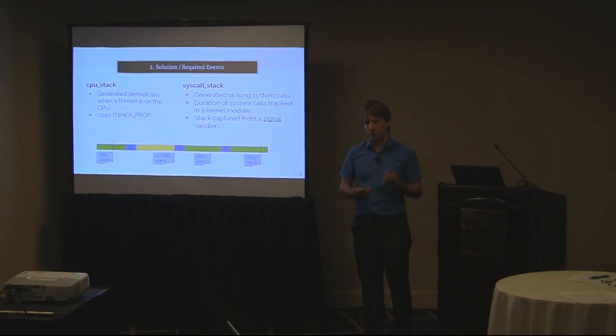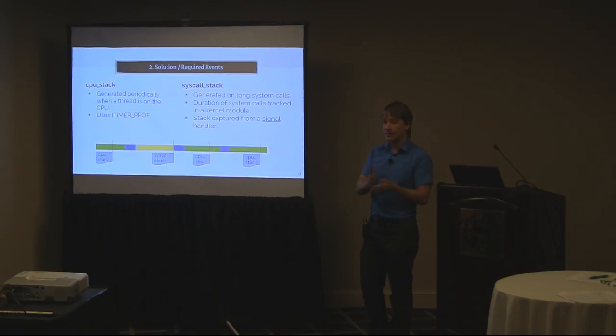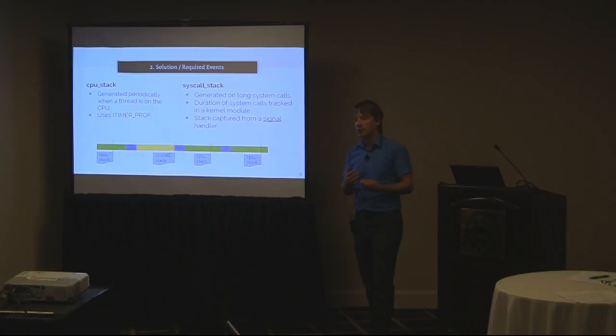Sampling the stack of threads running on the CPU is not a perfect solution either because we could miss the call stacks associated with long off-CPU waits. We could solve that by also recording a call stack for each schedule switch event, but it turns out that schedule switch events can occur quite frequently, and recording a call stack for each of them can slow down applications too much.